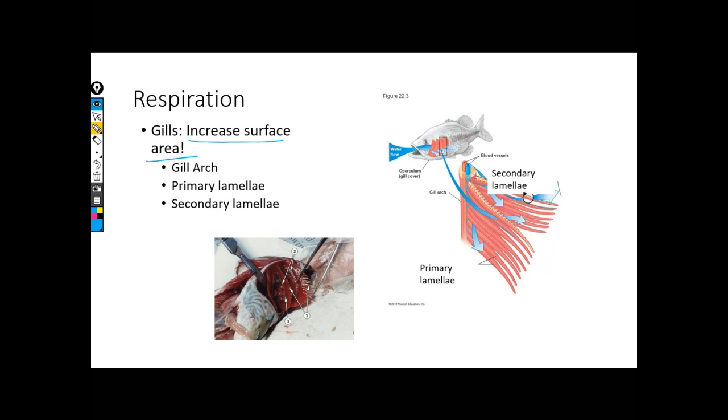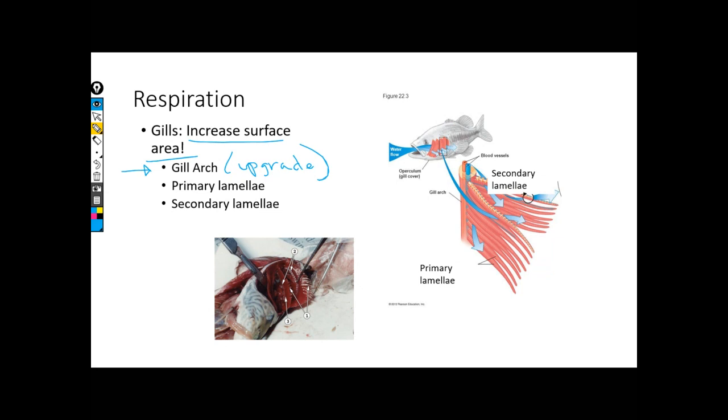So remember when we were talking about our upgrades, our vertebrate upgrade was having this gill arch. And this becomes very important because this is going to serve as the structural piece that all of our surface area can then build on.